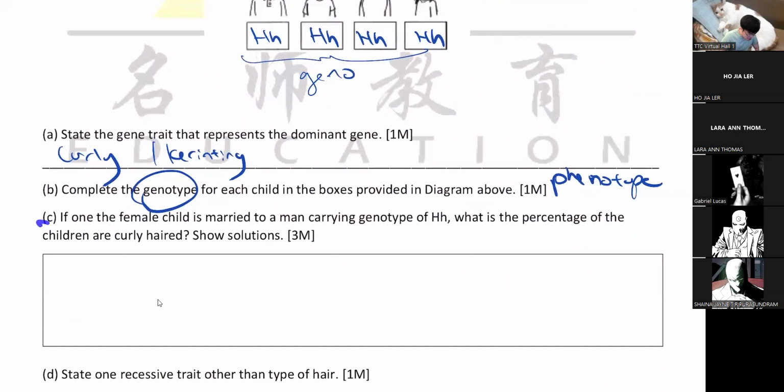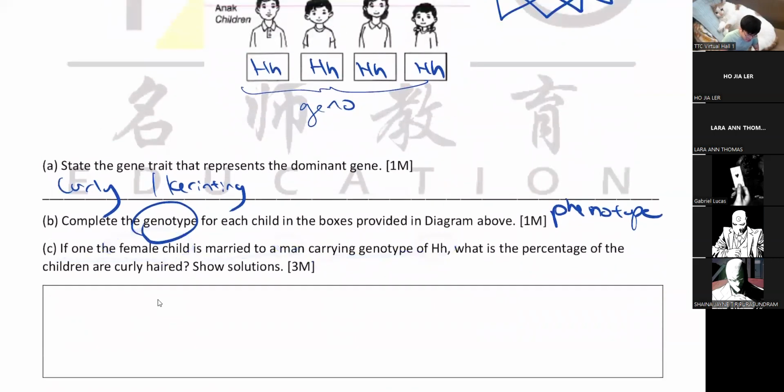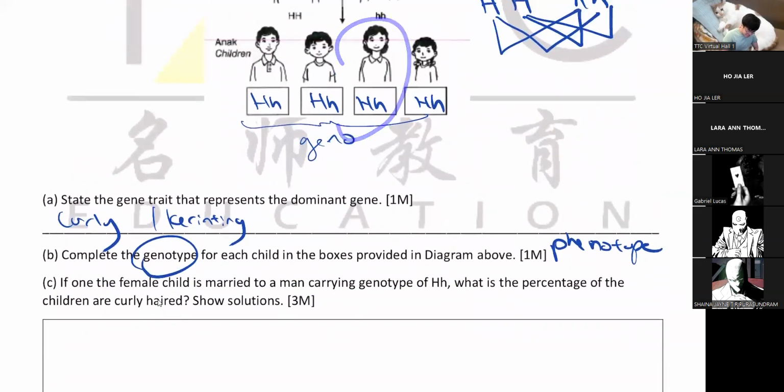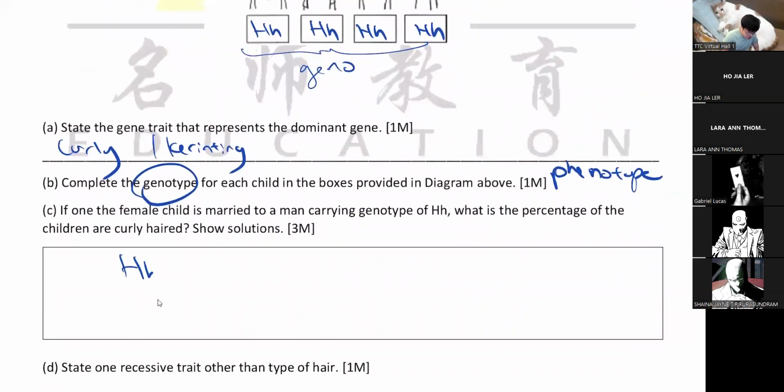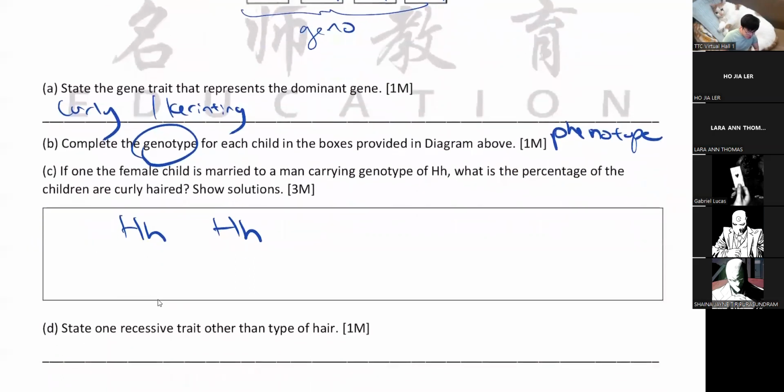All right, so C, if one of the female children is married to a man carrying a genotype of big H, small h. Let's just say this daughter, big H, small h, marries another man with also big H, small h. What is the percentage of the children that are curly hair? Show solution.